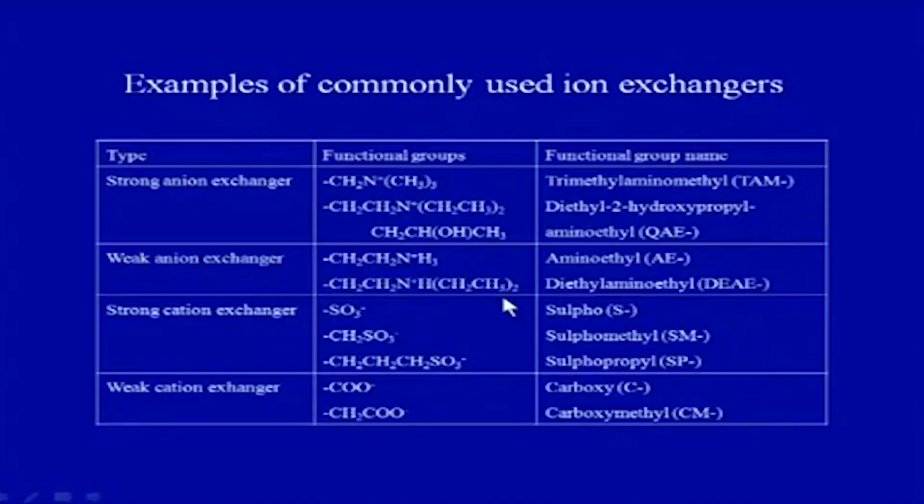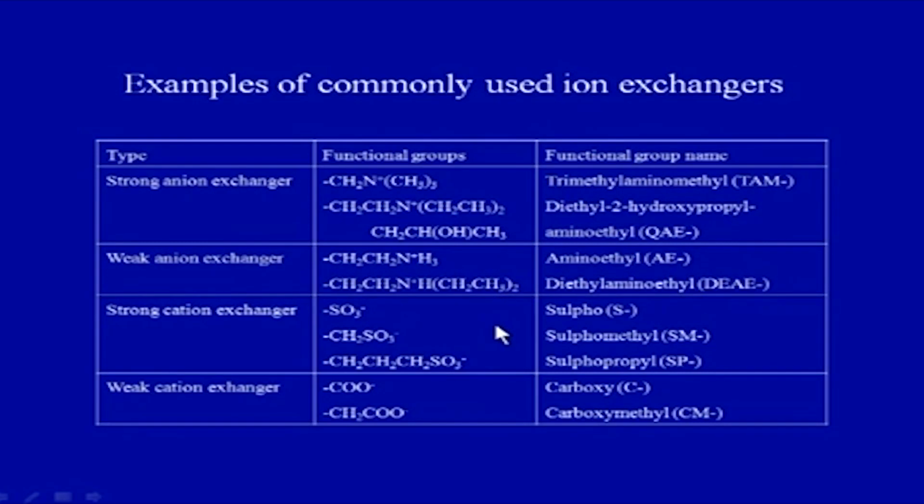Now, there are a lot of examples of commonly used ion exchangers, as you can see in this table. There are strong anion exchangers, weak anion exchangers, strong cation exchangers and weak cation exchangers. Some examples of strong anion exchangers are trimethyl aminoethyl, which is also called TAM, and diethyl 2-hydroxypropyl. If you say weak anion exchanger, then aminoethyl and diethyl aminoethyl, DEAE, these are weak anion exchangers.